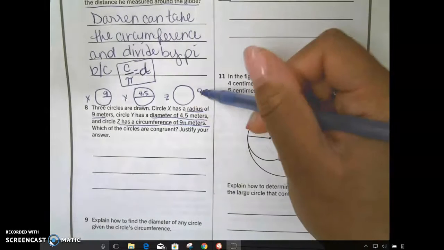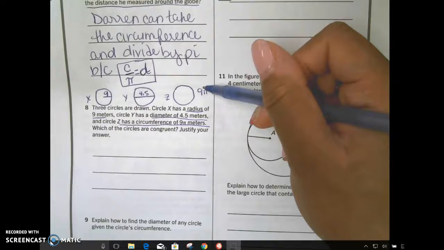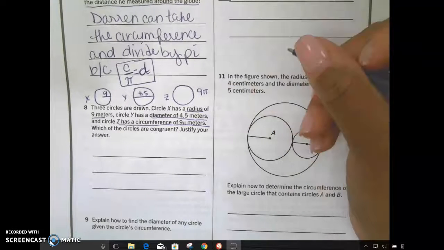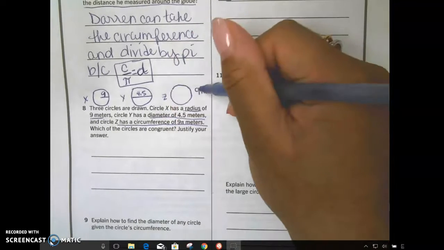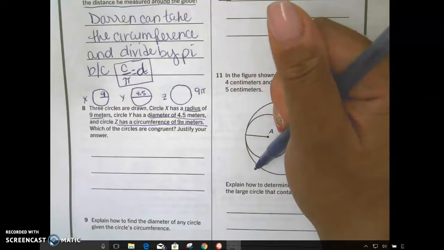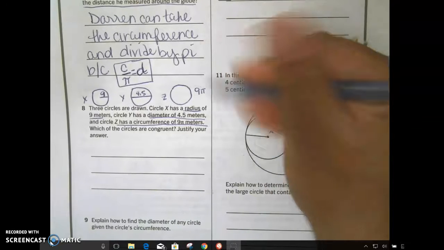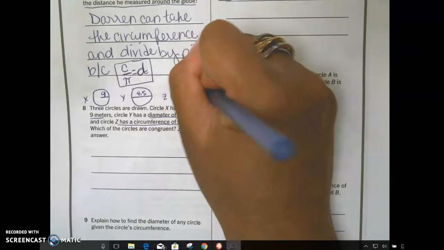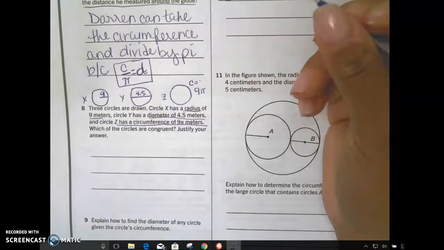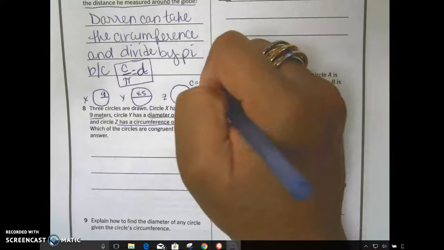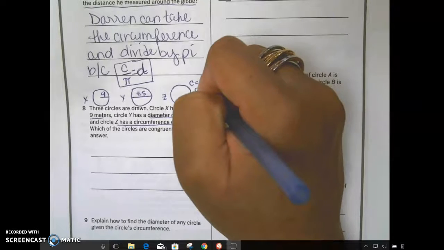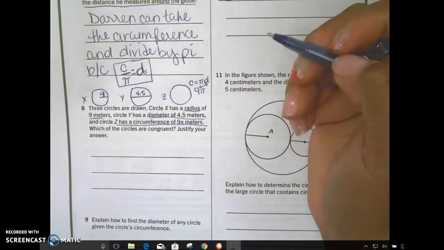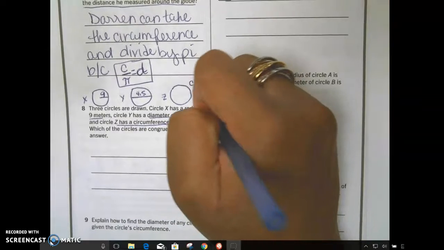If they write 9 pi, what is 9? What measurement is 9? Is it a radius or a diameter? It is a diameter because C equals what? Pi times diameter. So they just took out the D and wrote 9. So my diameter equals 9.